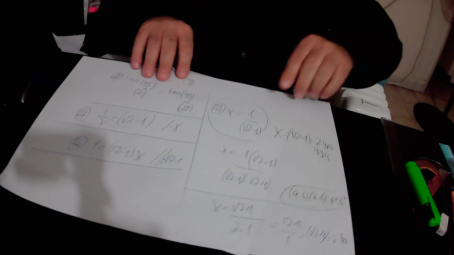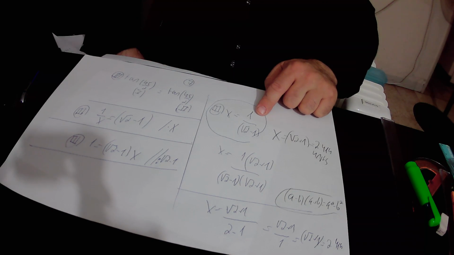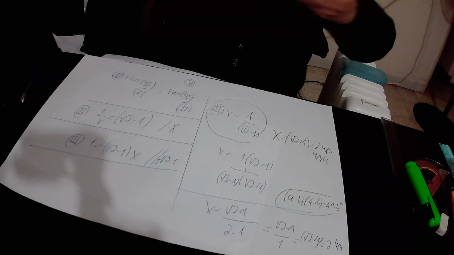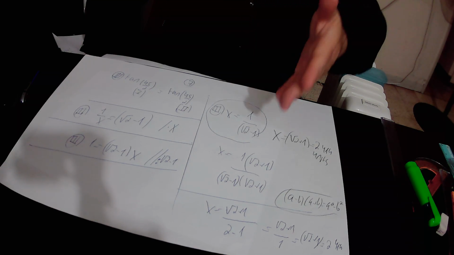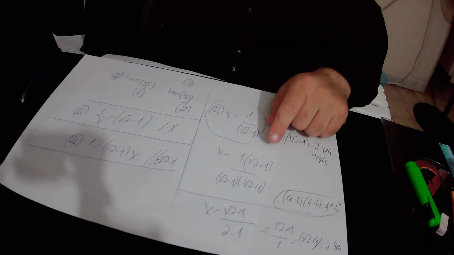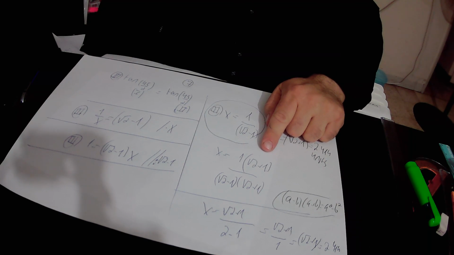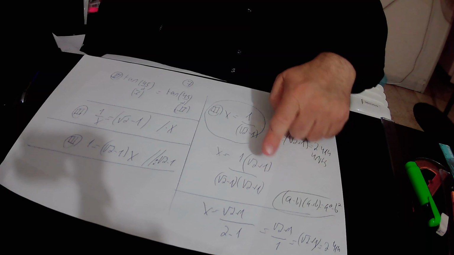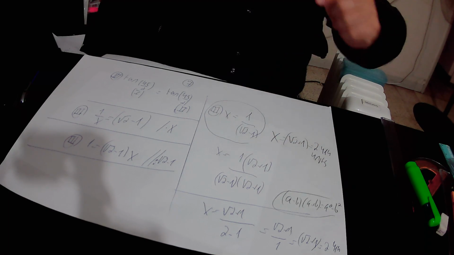So here we multiplied this side of equation number 3 by the square root of 2 plus 1, and then we divided by the square root of 2 plus 1. Actually we multiplied by 1, therefore this operation is allowable. So we change nothing. So the square root of 2 plus 1 over the square root of 2 plus 1 times the square root of 2 minus 1.